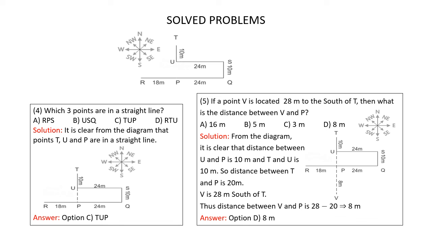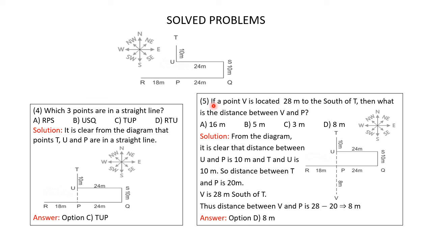So clearly, if you extend TU to P, you will see that points T, U and P will be in a straight line. So the correct answer is option C, TUP.